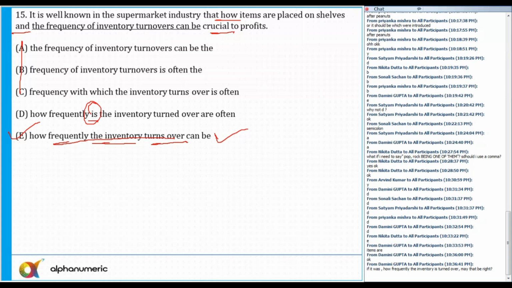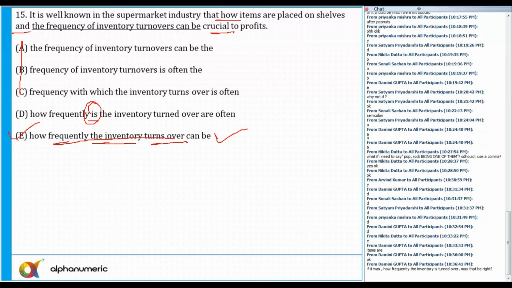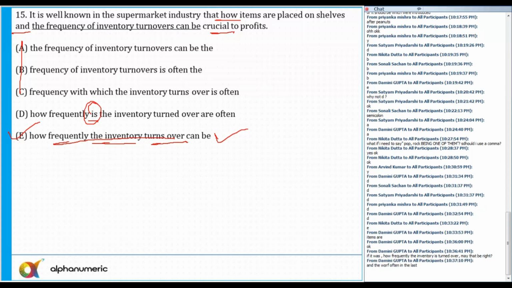How frequently the inventory is turned over? Yes, that would have been right, Damini. How frequently is the inventory turned over is wrong. There's another problem, the word often.